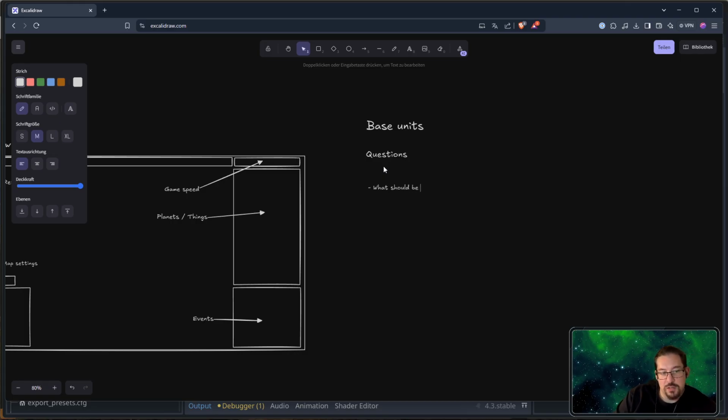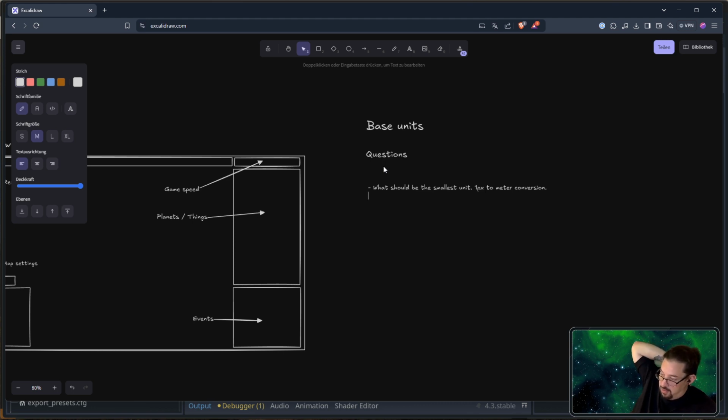So what should be the smallest unit? Like a 1 pixel to meter conversion, right? Basically what I have to do is reinvent physics, no? Because I have a specific light speed.